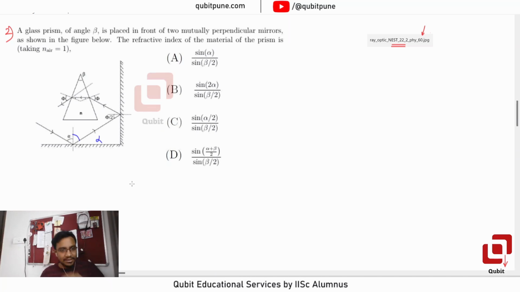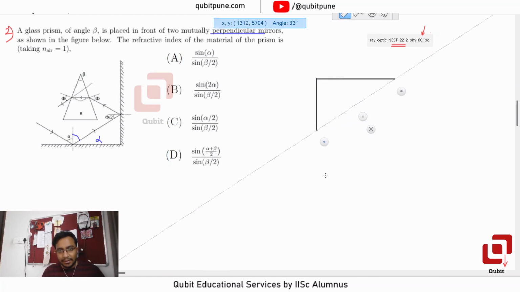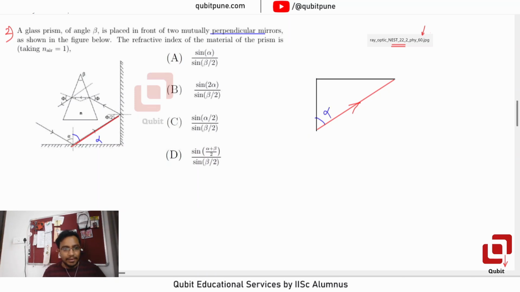Now, because these two mirrors are perpendicular to each other, if we imagine this particular right triangle, the one whose hypotenuse here represents the direction of the reflected ray, then this angle will be alpha, this angle will be alpha, and this angle will be phi by 2.